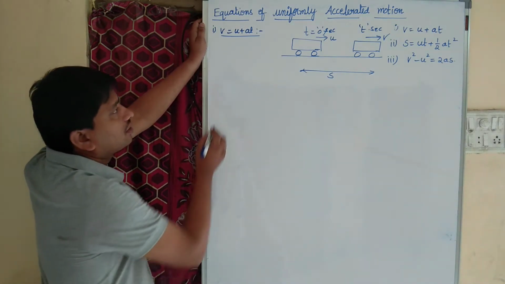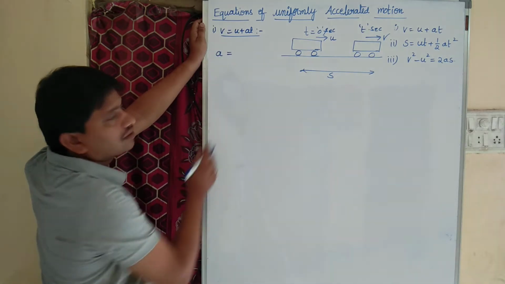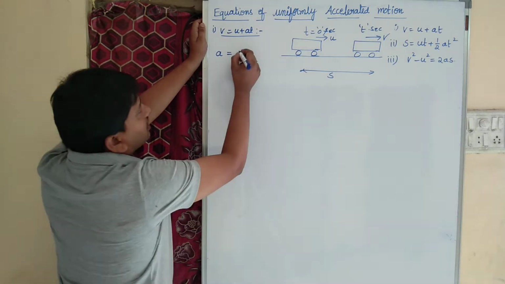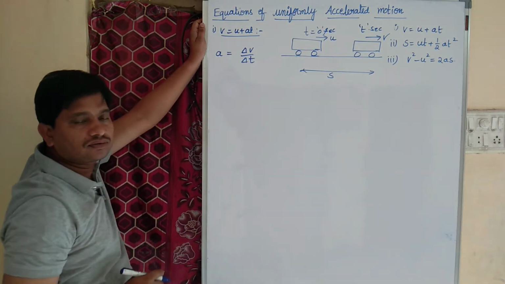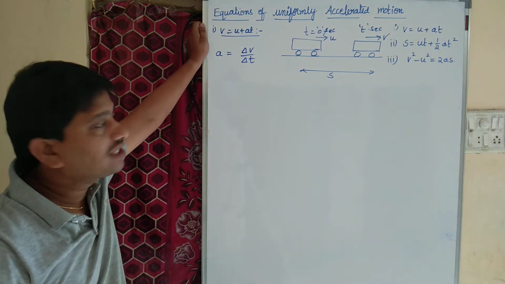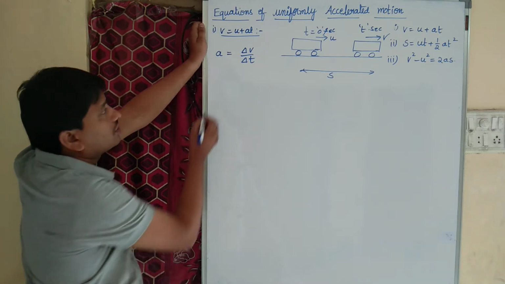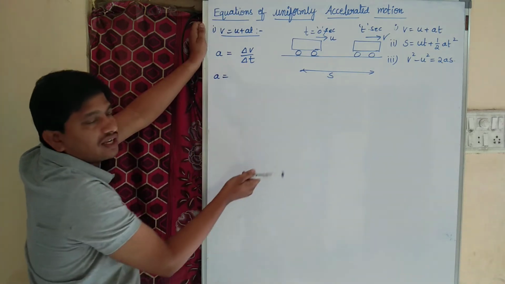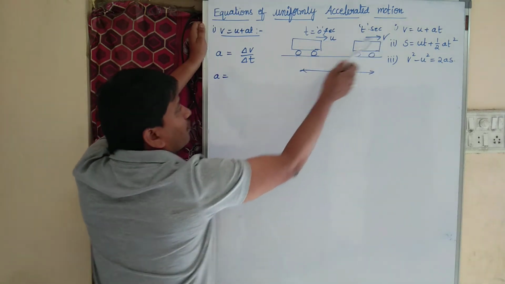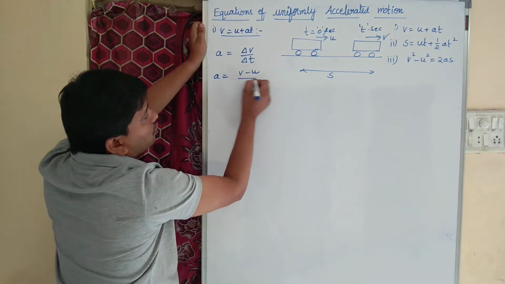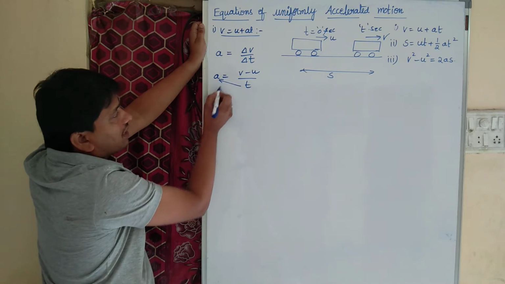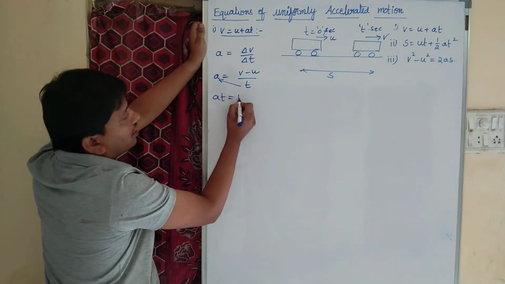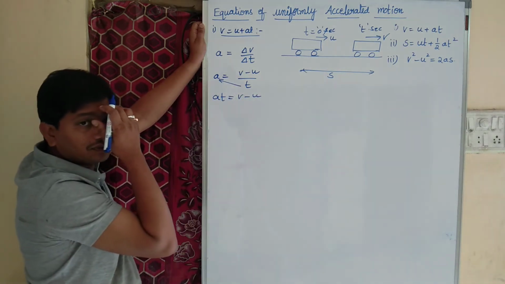We know that acceleration is nothing but change in velocity by time taken. What is the acceleration formula? Change in velocity by time taken. So acceleration equal to change in velocity, that is from u to v. Change means v minus u, by t. So cross multiplication, a into t, at equal to v minus u.